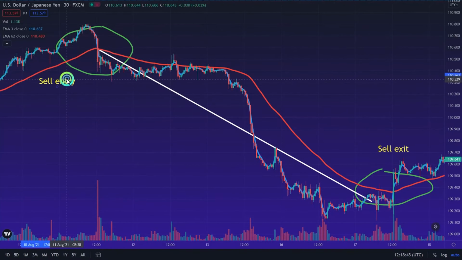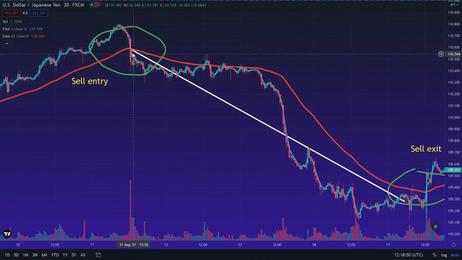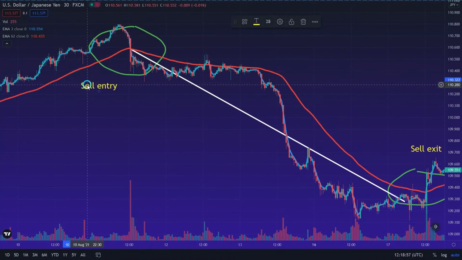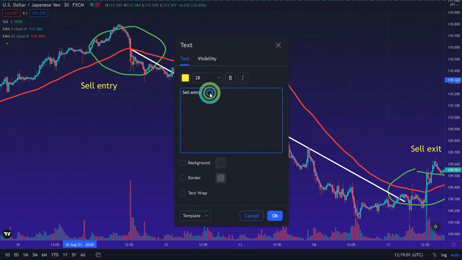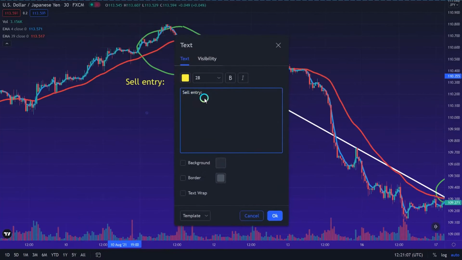We have a sell entry. The algorithm showed that the entry was here. I will tell you the sell entry rules. Basically, our sell entry rules are the following. They are just as simple as with the buy entry.